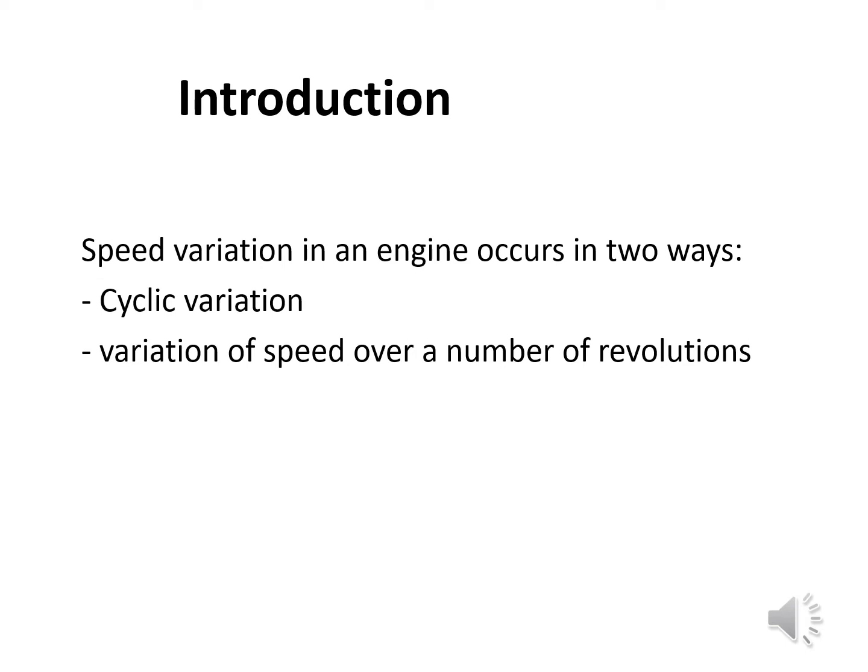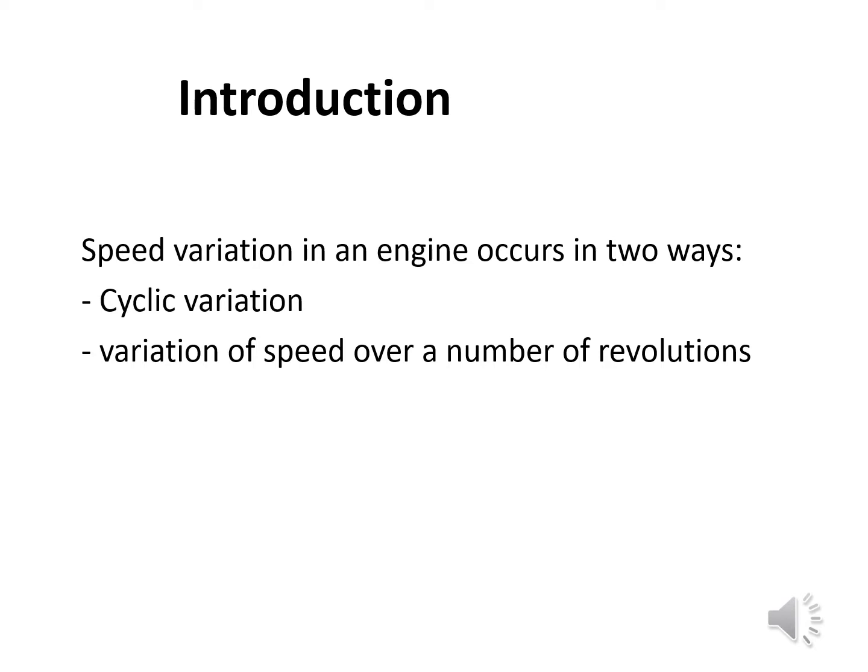Speed variation in an engine occurs in two ways. Firstly, cyclic variation. Secondly, variation of speed over a number of revolutions. Cyclic variation occurs because of variation in the turning moment of the engine.